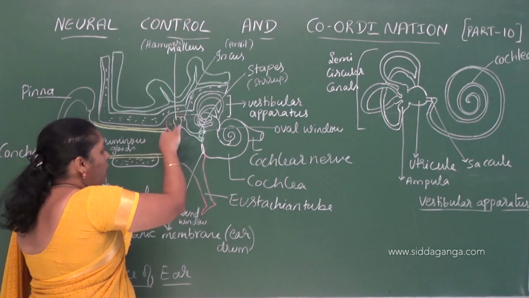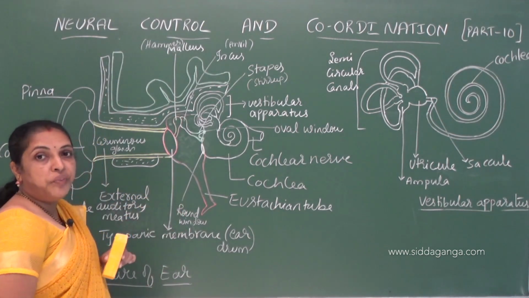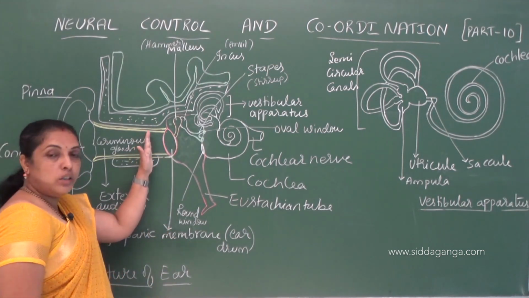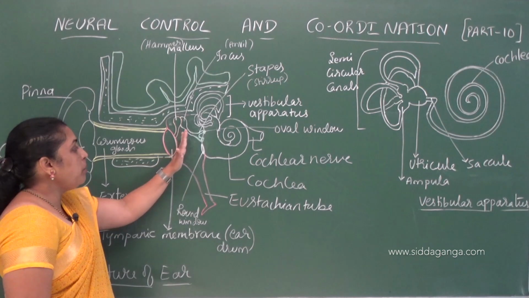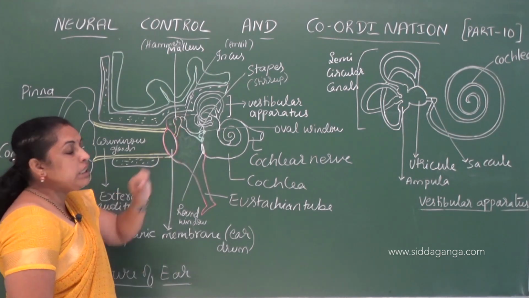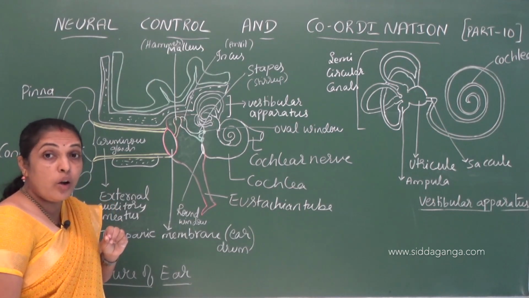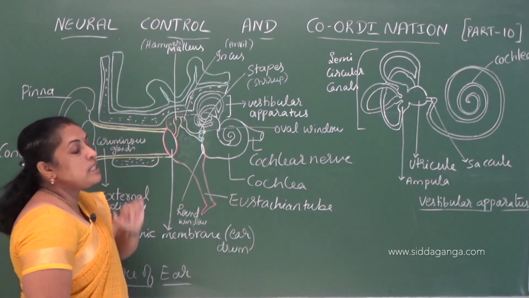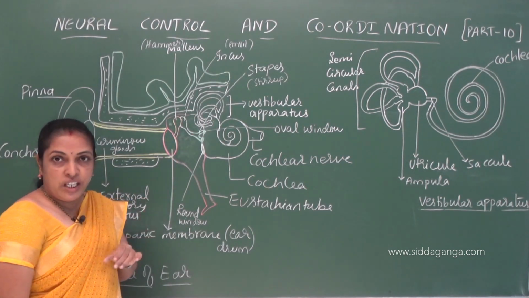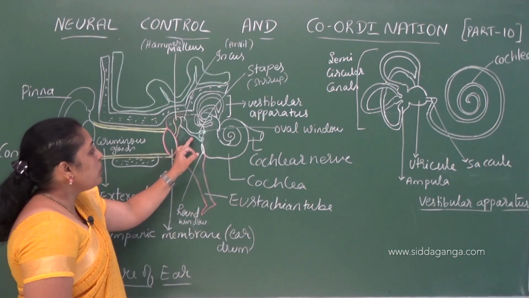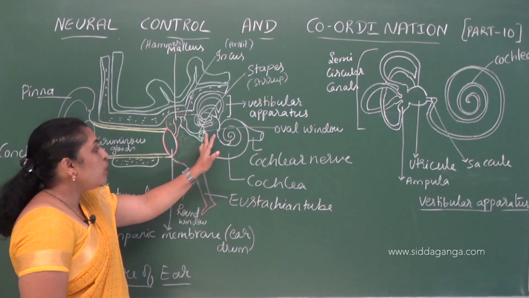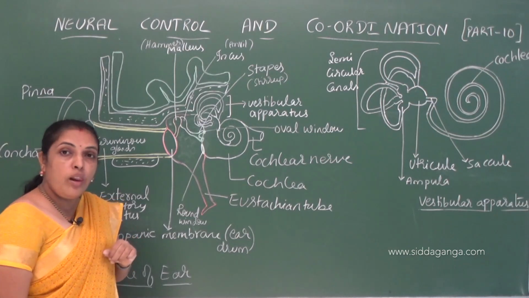In the middle ear, we have the tympanic membrane, which is made up of connective tissue having skin towards the outer ear and membranous part towards the middle ear. In the middle ear, we see three small bones called ear ossicles, that is malleus, incus and stapes. They are connected to each other in a chain-like fashion, and stapes is in contact with the inner ear through an opening called the oval window.